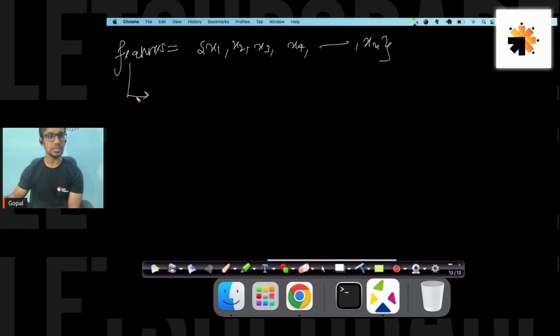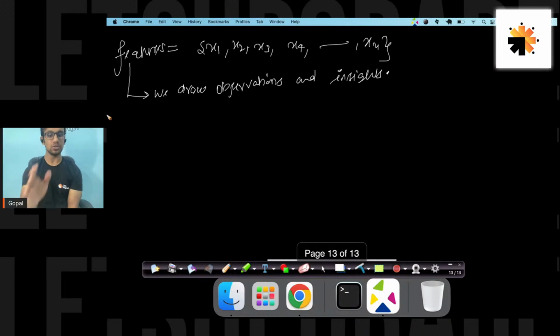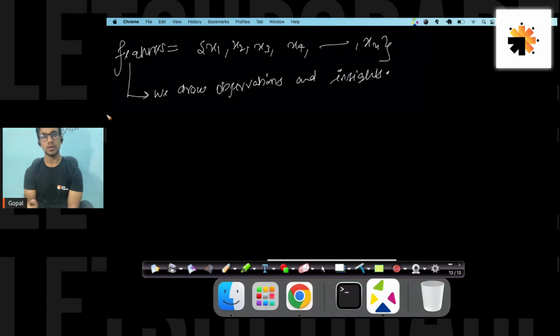Based on these features, we draw observations and insights. So in an unsupervised machine learning system, you do not have any labels associated with features. I have just given you an example: a recommendation system is an example of an unsupervised machine learning system here.